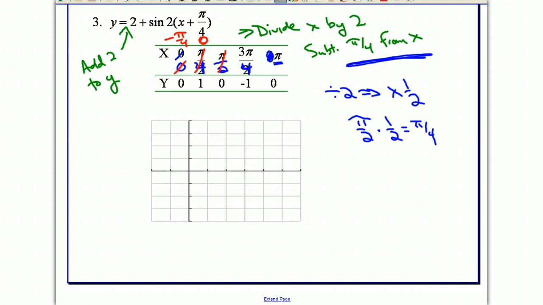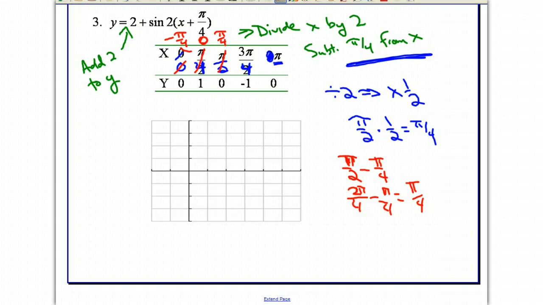Pi halves minus pi fourths. And again, just neglect the pi for a minute. Just go 1/2 minus 1/4. You get a common denominator. 2/4 minus 1/4 is 1/4. Put the pi back in. So pi halves minus pi fourths is pi fourths. With the pi's in here, we get pi fourths.